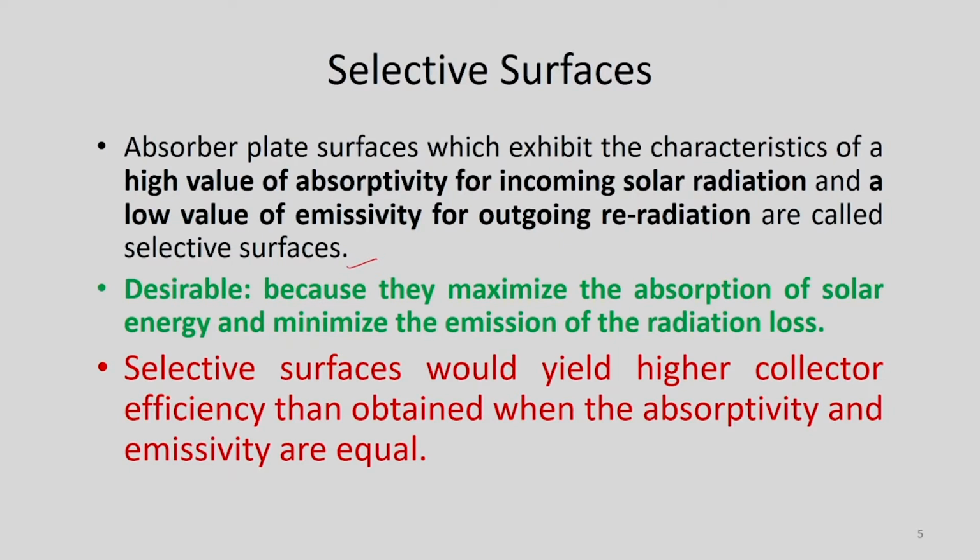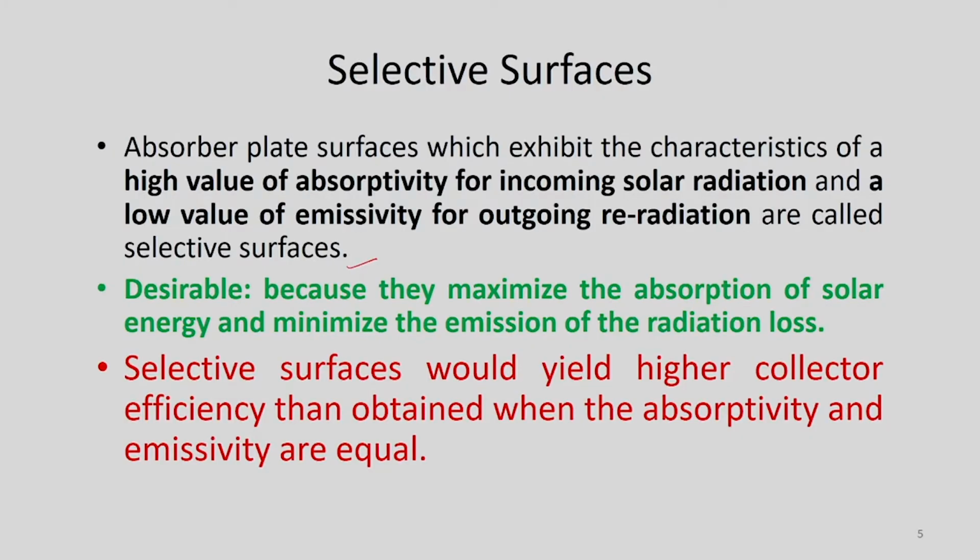Okay? This surface is desirable because it maximizes the absorption of solar energy and minimizes the emission of radiation loss. These selective surfaces would yield higher collector efficiency than is obtained when the absorptivity and emissivity are equal, as in the case of non-selective surfaces.